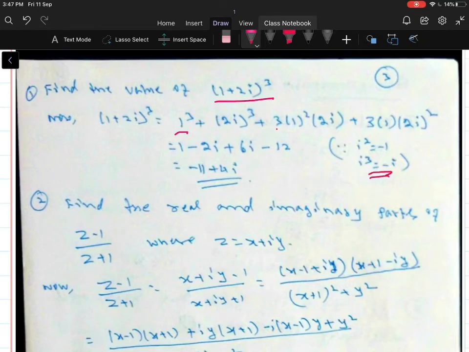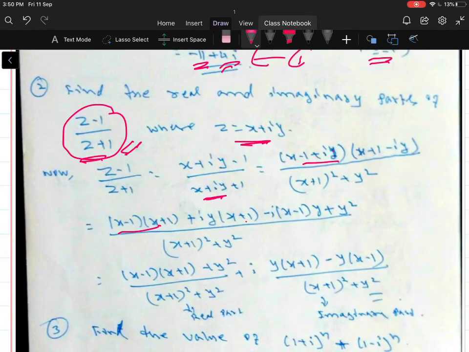So 1 cube is 1; (2i) cube is 8 i cube, i cube is minus i, that is minus 8i; 3 into 2i is 6i; and (2i) square is 4 i square, 4 into 3 is 12, i square is minus 1, so minus 12. So 1 minus 12 is minus 11, and minus 8i plus 6i is minus 2i.